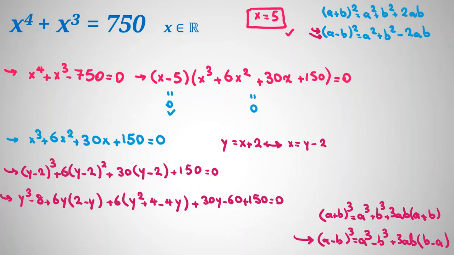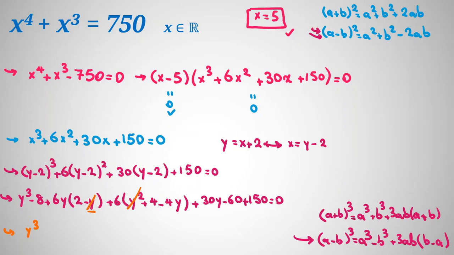Now it's time to simplify. For y cubed, we have only y cubed. For y squared, we have negative 6y squared and 6y squared, which cancel, so we don't have any y squared.